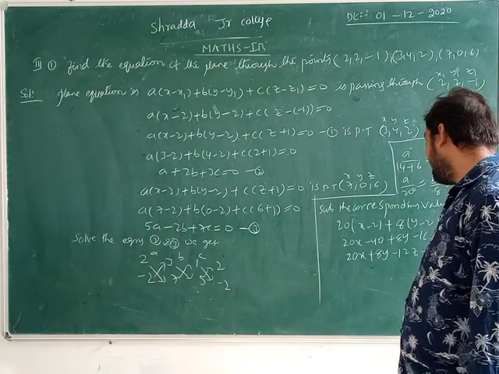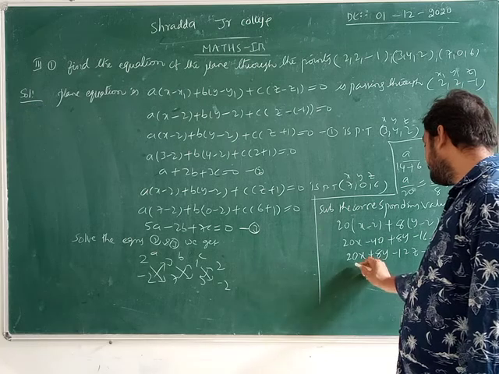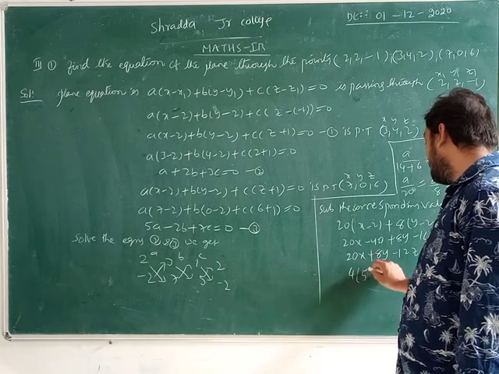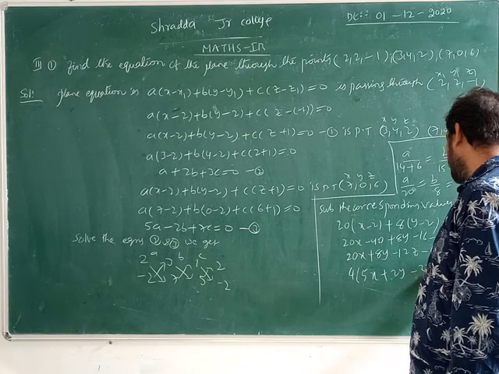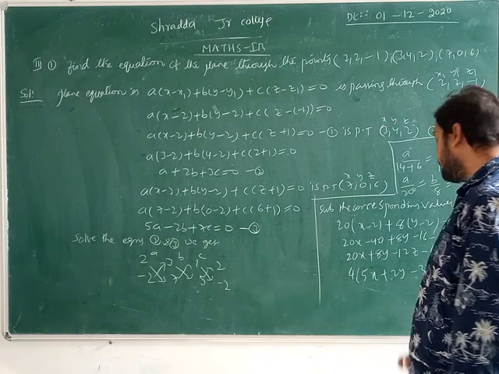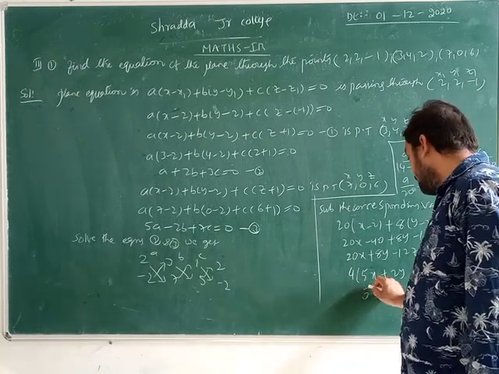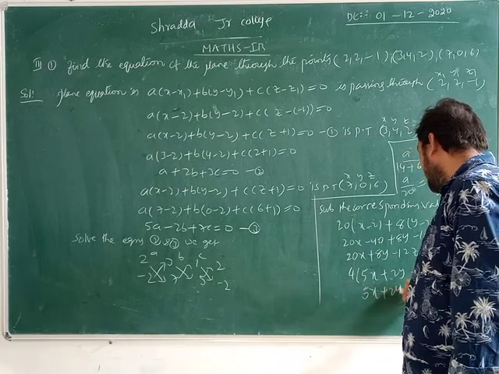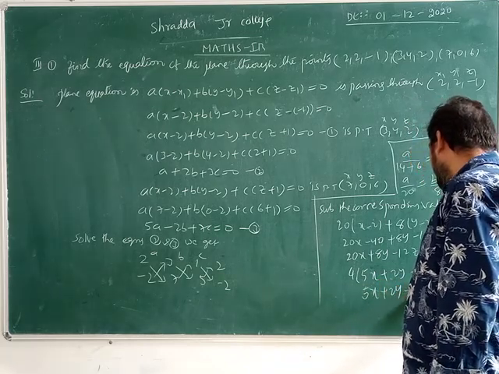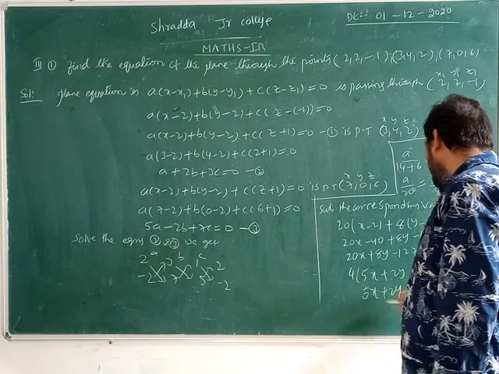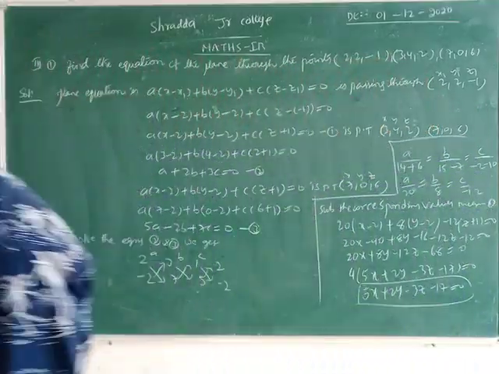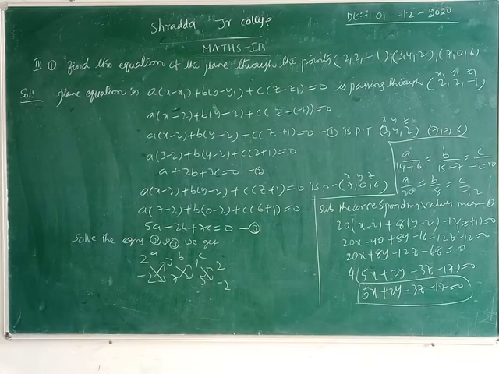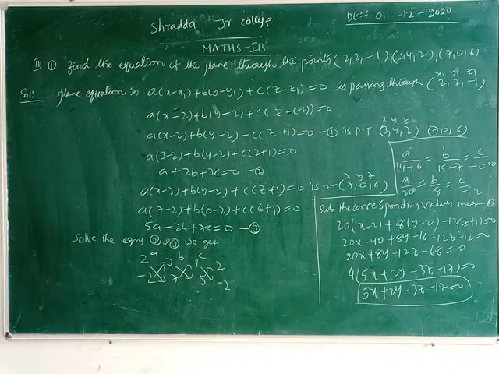Now here, what we are getting common here? 4 we are getting common, then 5x plus 2y minus 3z minus 17 equals to 0. Now what is our required equation here? 5x plus 2y minus 3z minus 17 is equals to 0. So now this is our required equation of the plane.